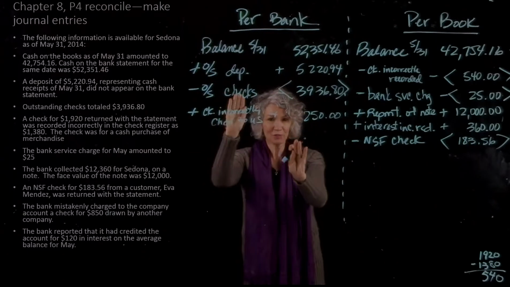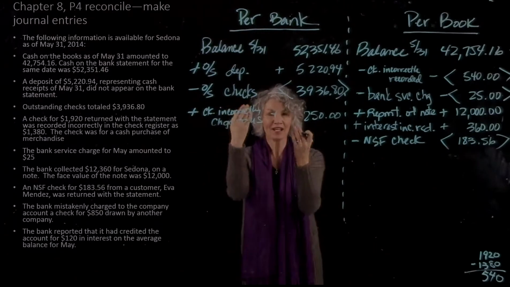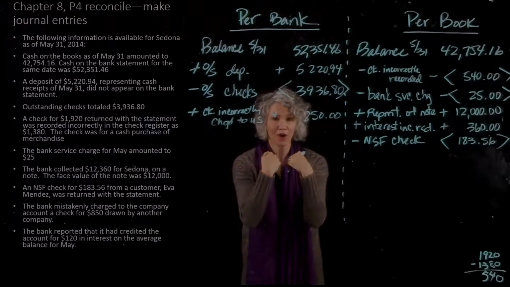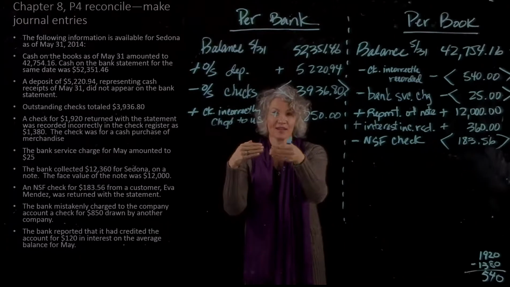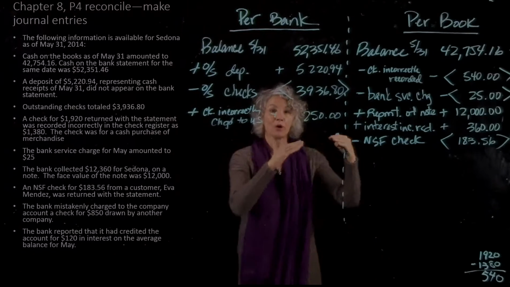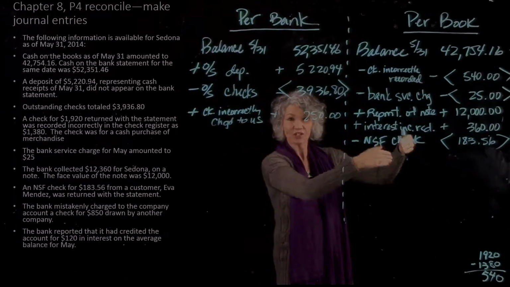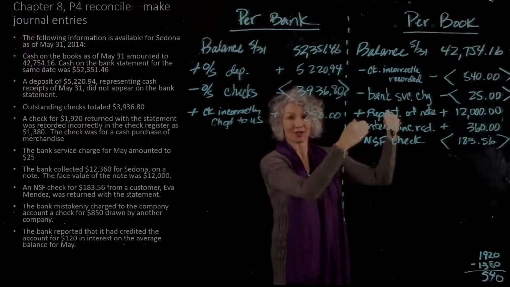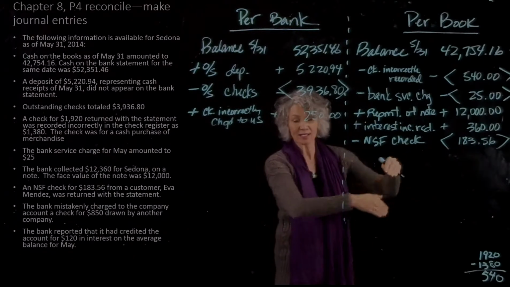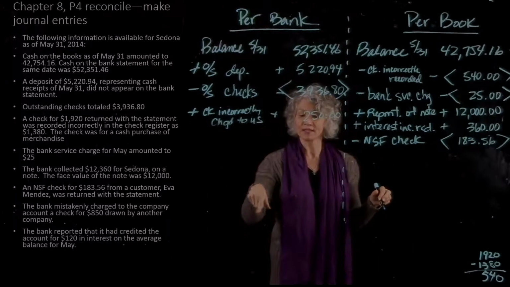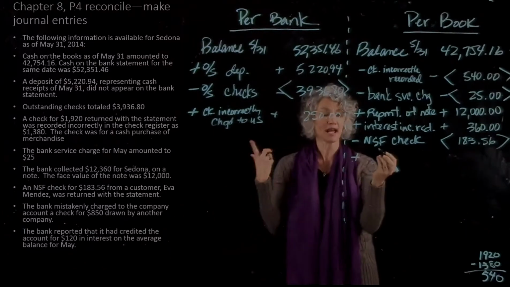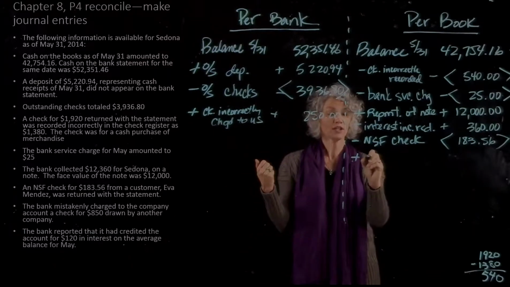So see, they keep their books the same way that we do. It's just that we're the one they owe. That's why they credit us when we take a deposit. But we debit our accounting records to increase cash because all assets are increased with debits, right? Okay, so we don't know about this until we see it. So we need to increase our account for interest earned.